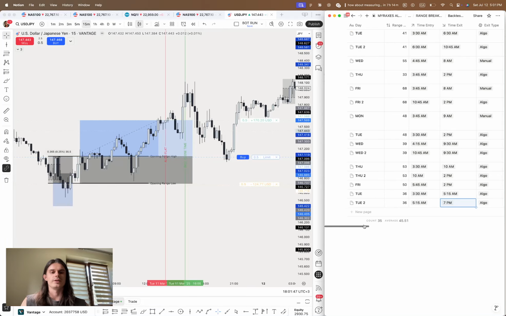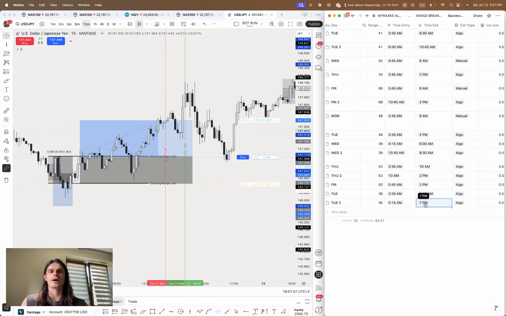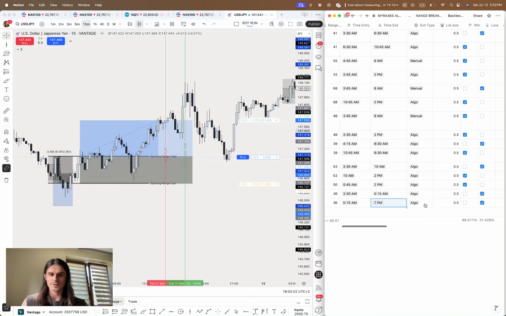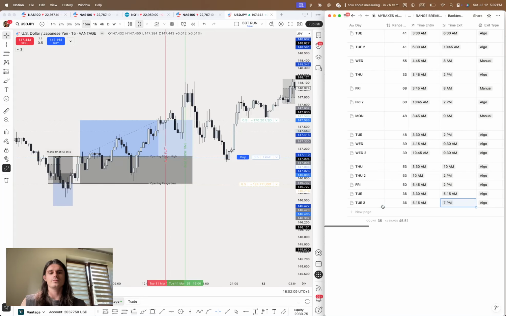Because all these previous trades, these 35 trades, showed that if I'd only hold my trades until 7 p.m., it would bring me 2 times more profit than the other times. So maybe not 2 times, but somewhere around that. I'll say that it's an algorithm, and also I think I'm going to add this separator, and I'll just separate it from here and from here, and flat 7 p.m.